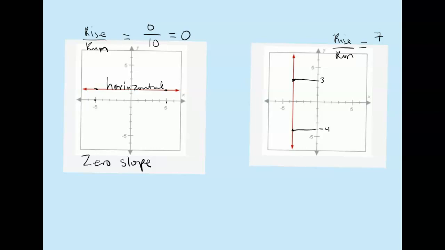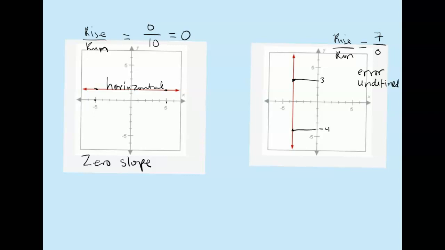We don't have any distance to run, so we are at 0. And then 7 divided by 0, you put it in the calculator, it's an error. And an error in math, we say, is undefined.